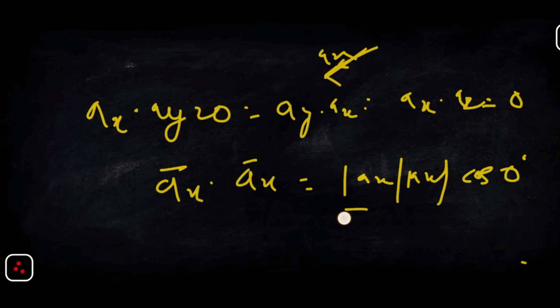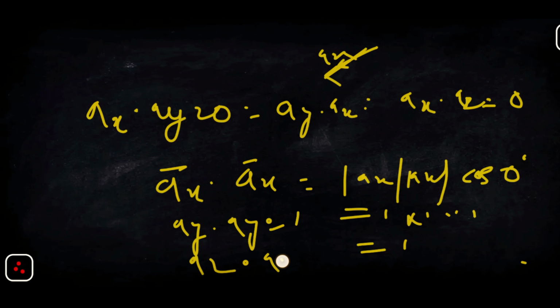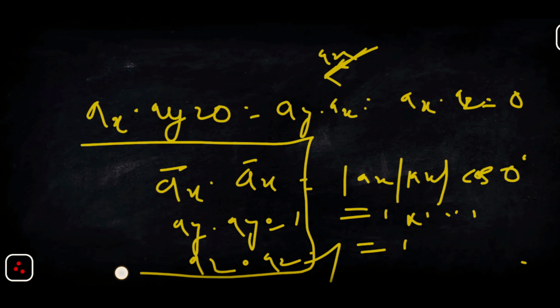So it is 1 into 1 into 1, that is 1 only. AX dot AX equals 1, AY dot AY equals 1, AZ dot AZ equals 1. That we have to remember. These are very important: AX dot AX equals 1, AY dot AX equals 0.